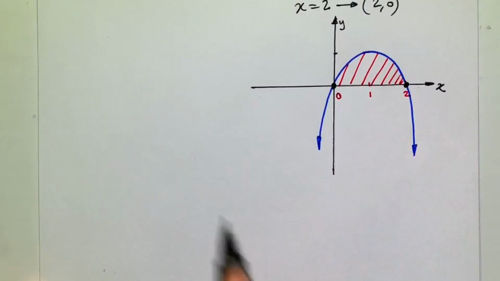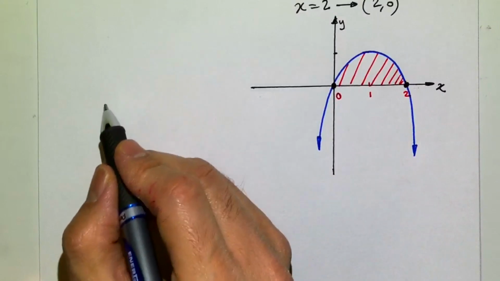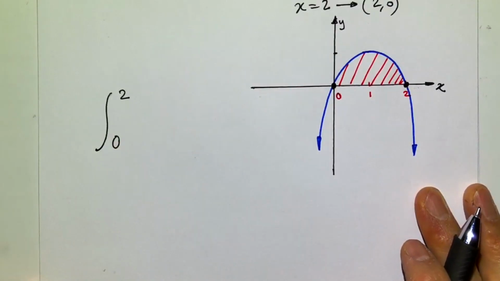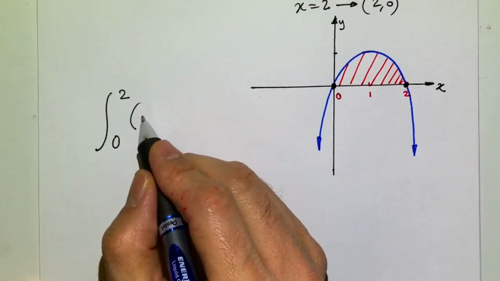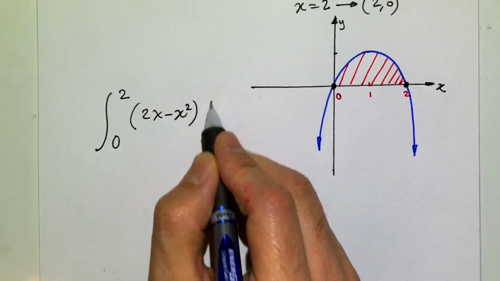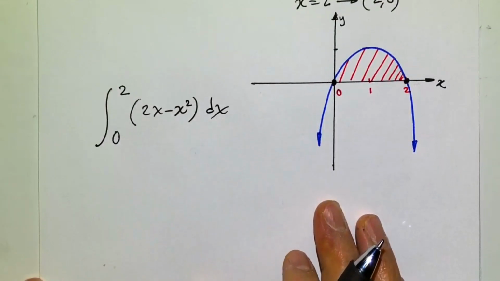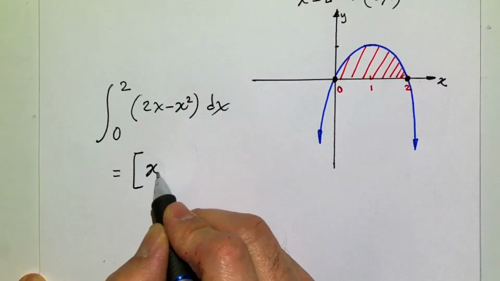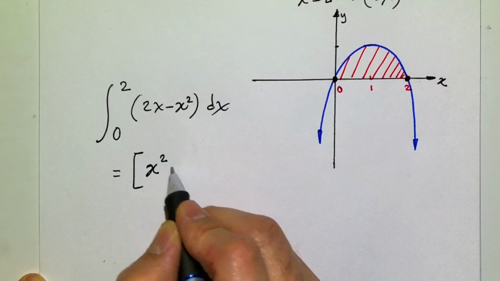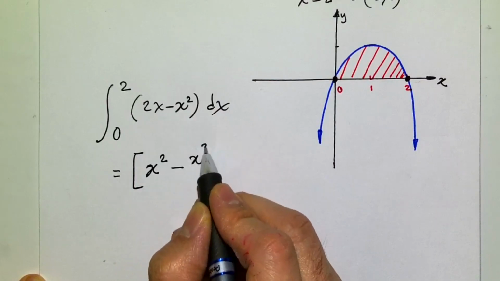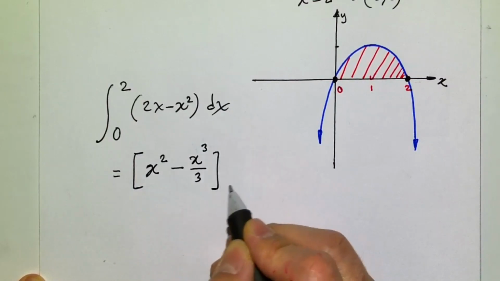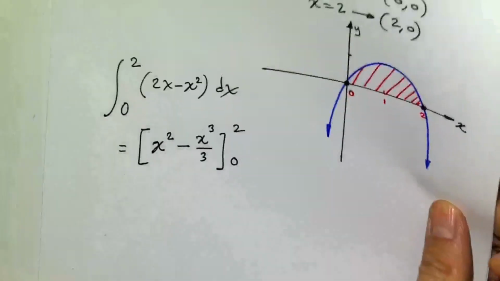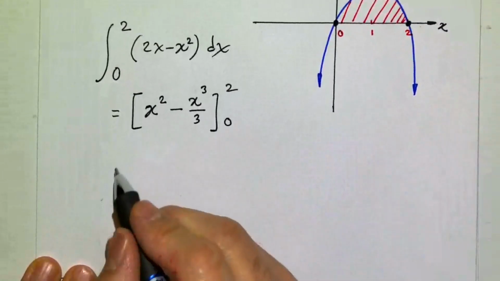Therefore, our integral will be from 0 to 2 of 2x minus x squared dx. Okay, so that's easy to integrate. As you can see, we have x squared and then minus x cubed over 3 from 0 to 2. And then, of course, let's evaluate that.